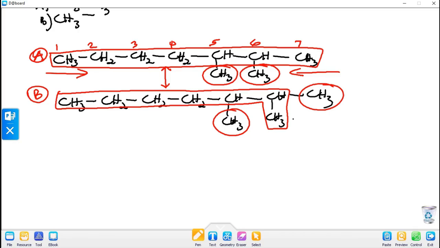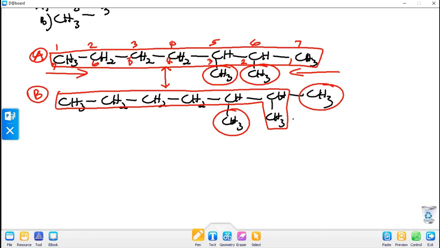But if we number the parent chain from the right-hand side, then this becomes carbon 1, 2, 3, 4, 5, 6, and 7.